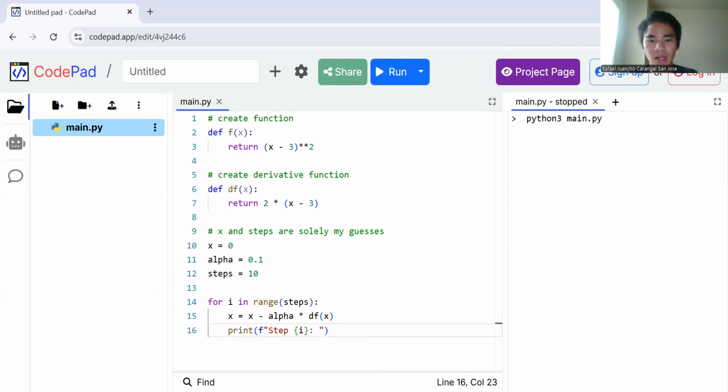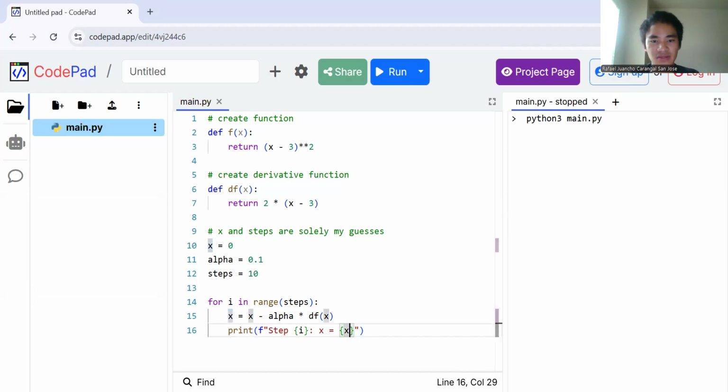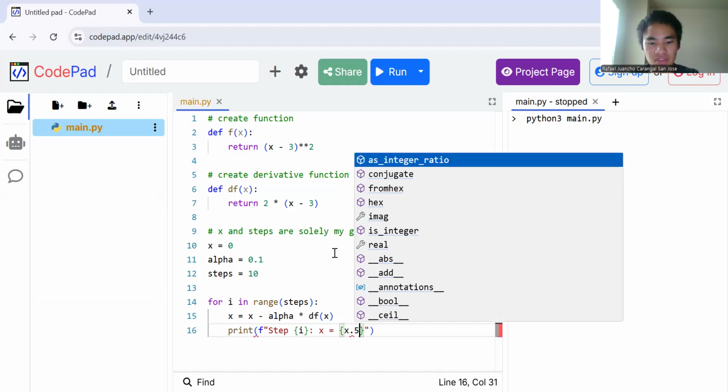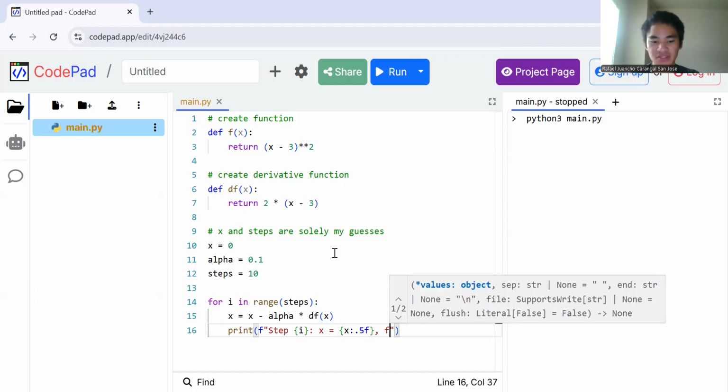And then we're probably going to put the x value as well as the f of x, right? So the x value is going to be, well, x, that current x value. Let's say up to 5. And then our x value.